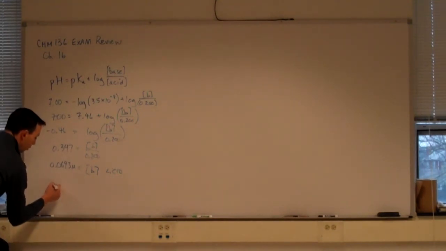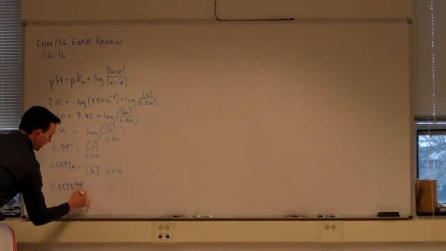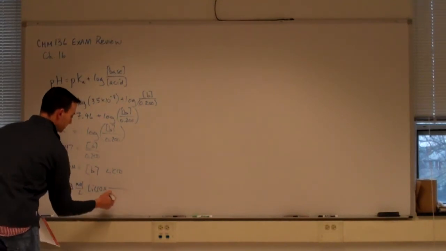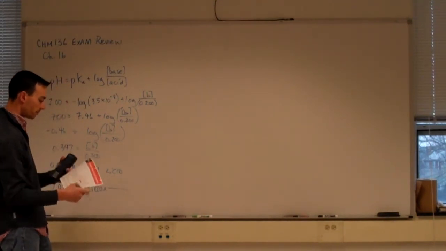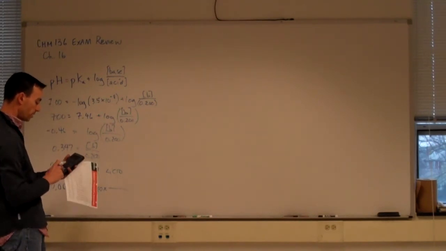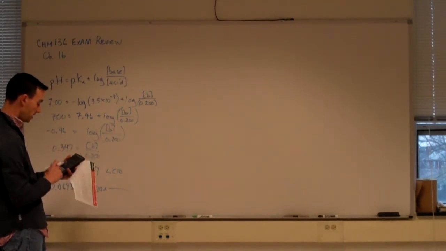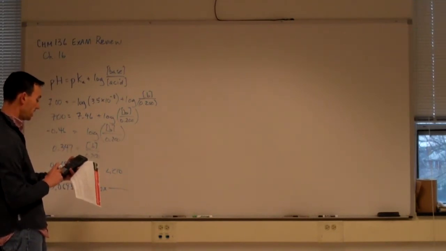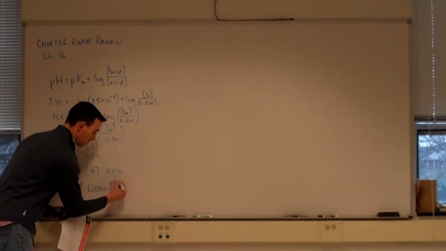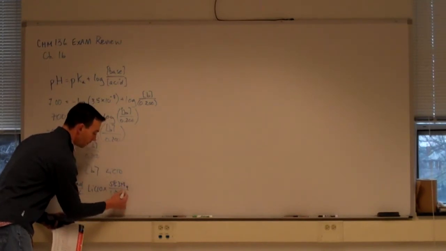And then we're going to need the molar mass of lithium hypochlorite. So if we take our 0.0693 moles per liter of LiClO times its molar mass, we would add together lithium 6.941, chlorine 35.453, and oxygen 16, times 58.394 grams per 1 mole.